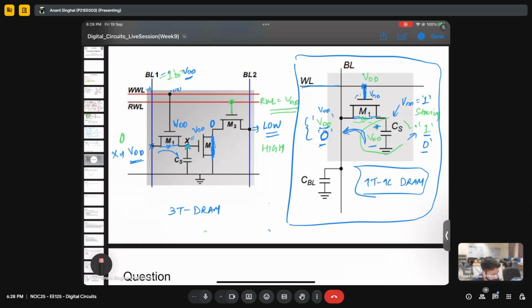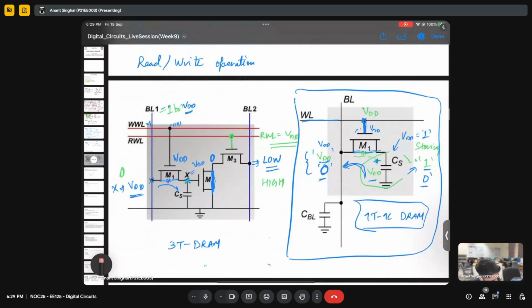Until we write again, it will stay zero. The memory does not contain anything if you do not store anything to it. Like in your phones, if you do not save the data, the memory occupied will be 0, right?